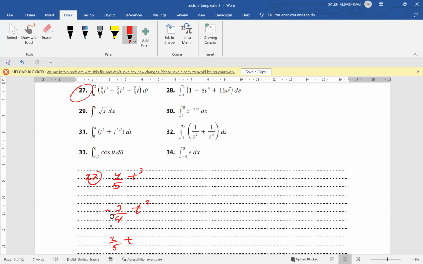These are the limits, or the terms. Now the antiderivative for this one is 4 over 5 t to power 4 divided by 4.